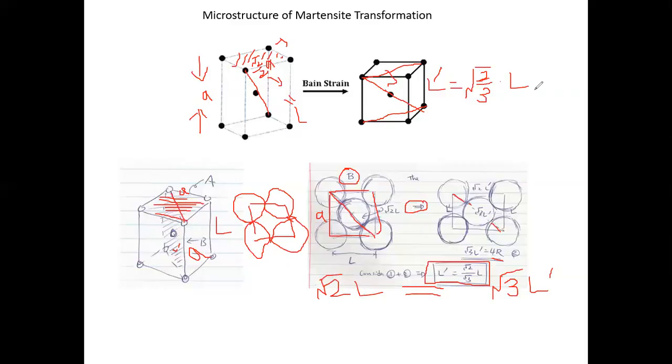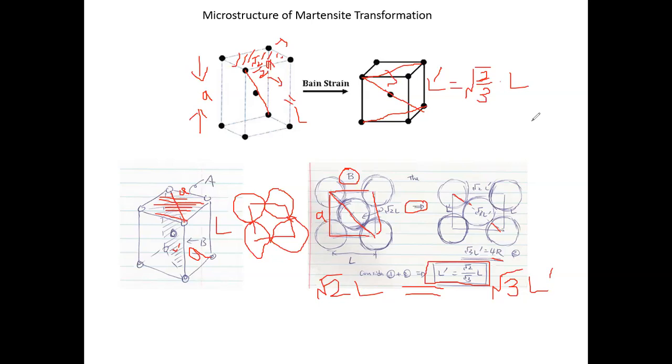This allows us to find the relation between the edge length of the BCC cube after transformation, which is L prime, and the original height of the cuboid before the transformation. The edge length of the BCC cube is simply equal to the square root of 2/3 times L. Does this make sense to everyone?